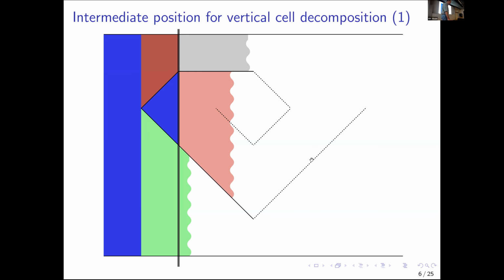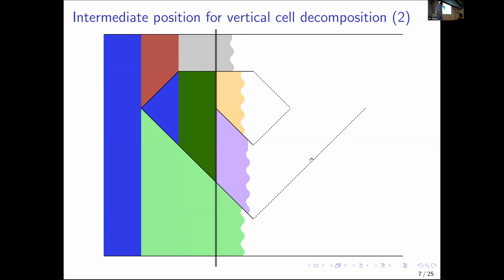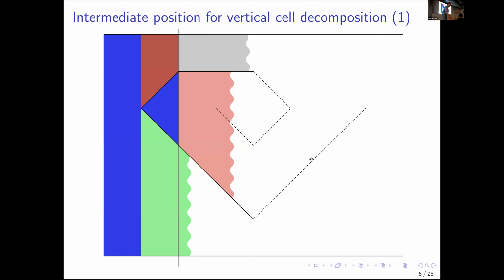And let's look at what is going to happen at the next step. The sweep line is going to move in the space, and it's going to reach this point. So when reaching this point, we're going to say, oh, this point is in the cell that was in pink color before. That cell is going to be closed. That pink cell, where I said I don't know where it finishes, well, now I know it finishes at this place.